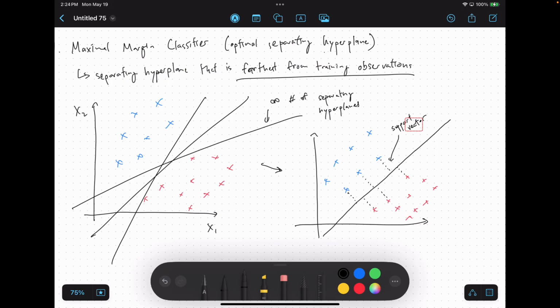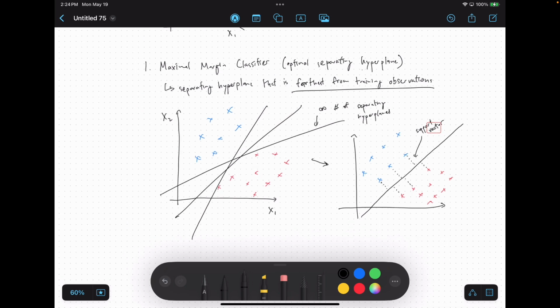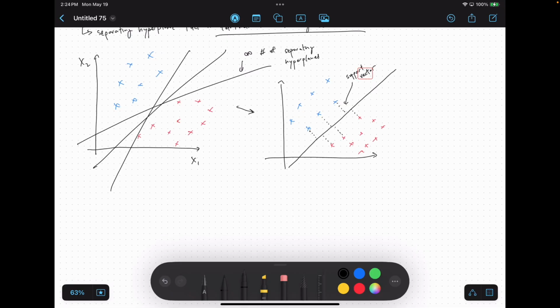So you want essentially to maximize the size of your support vectors, and that will let you converge to a single separating hyperplane that will separate these classes.